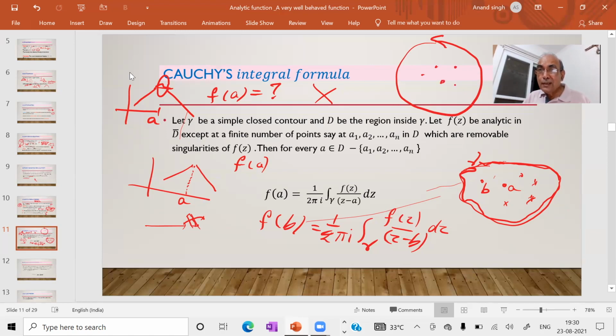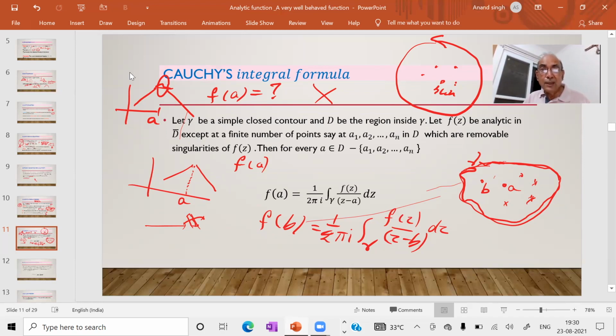And I want to calculate f of this sun, let's say here. I can calculate. F of the earth, I can calculate. Or anything that I want, the galaxy, anything. As long as the function is analytic and I know exactly what is happening at this stage, no matter how far it is. And that is why I call it a very well-behaved function. No matter what it is, I'm able to calculate, which I could not in these cases. In fact, in none of the cases, even in differentiability, could I. But it is the analytic function.